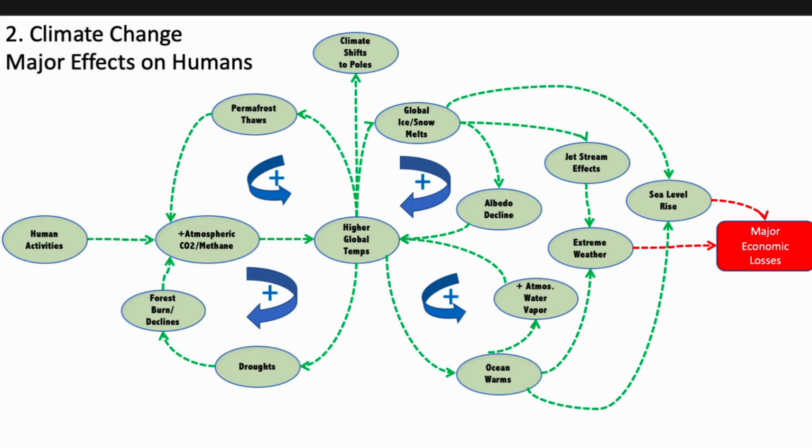And third, and perhaps less obvious, is the effect of the temperate climate shifts toward the poles. For the farms and forests that are located in the zones nearer the equator, the increased temperatures and accompanying droughts will greatly reduce their productivity.